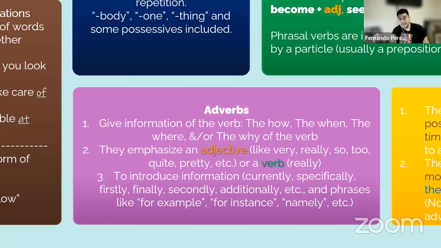You know that this is the beginning of the idea. After that, you detect pretty. You know that you are expecting an adjective after it. And then after that, you listen to a description. And then you know that you are talking about a verb. So adverbs really help you locate information.